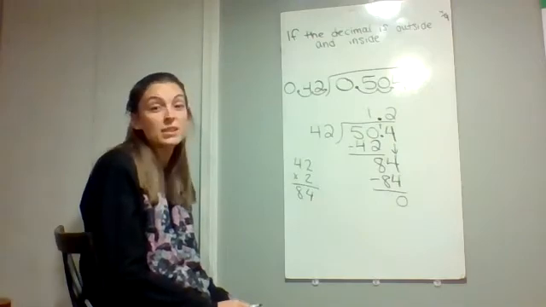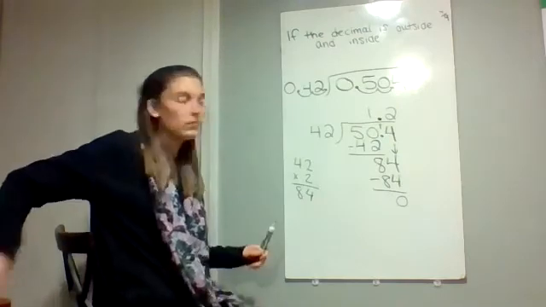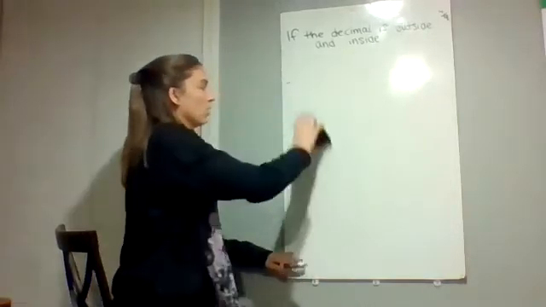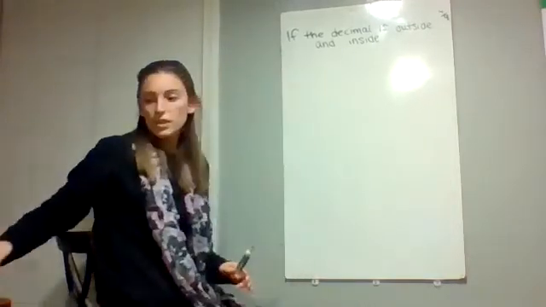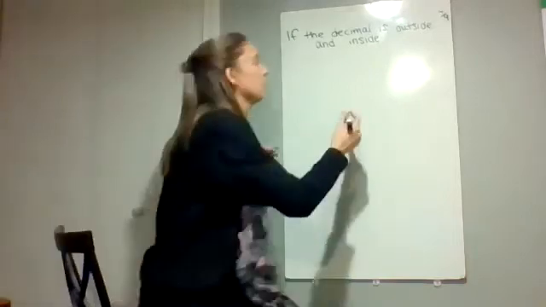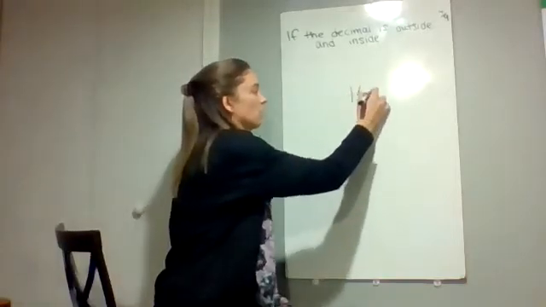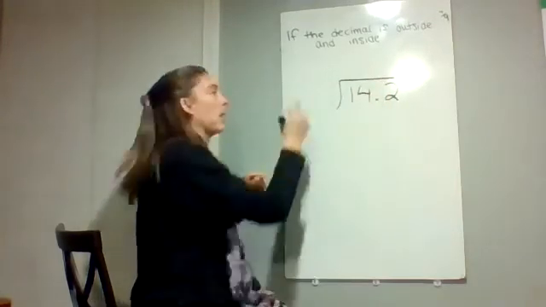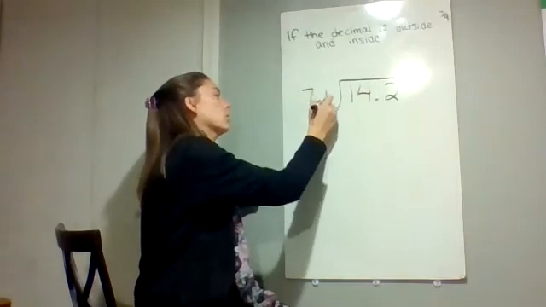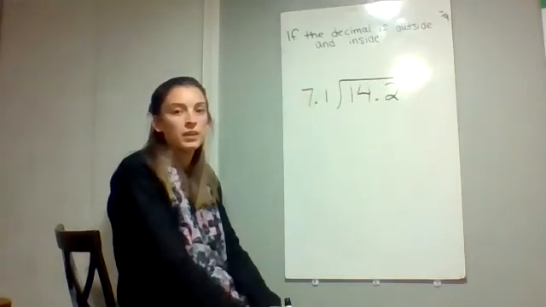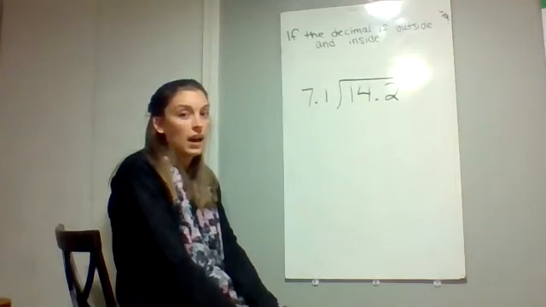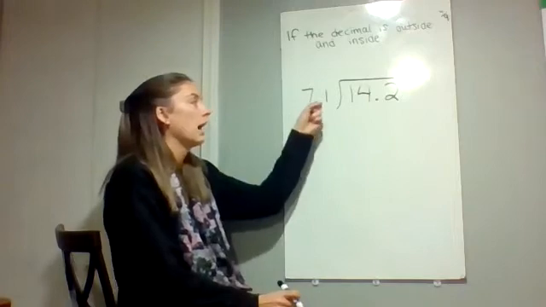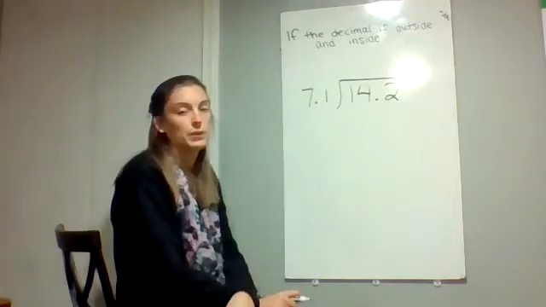So now we're going to do a problem together. So I want you to get your pencil and get ready to set this up. The problem we're going to solve is 14 and 2/10 divided by 7 and 1/10. The decimal's on the outside and the inside, but we really want to focus on the outside, on the divisor first.